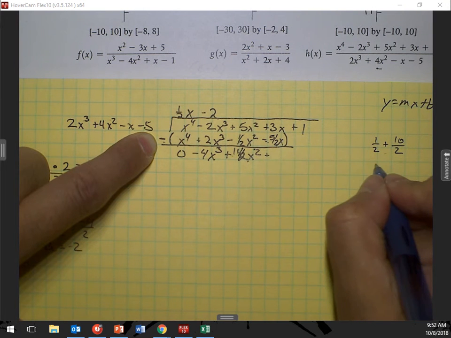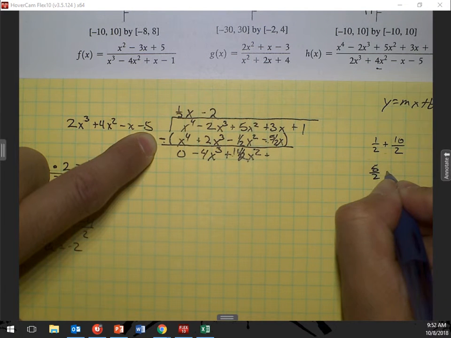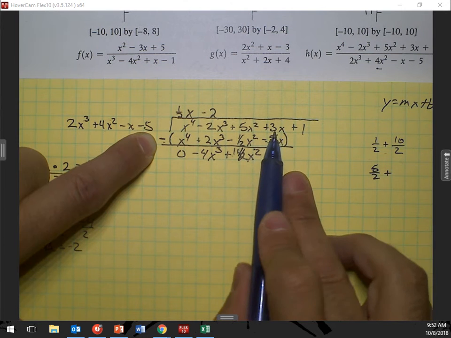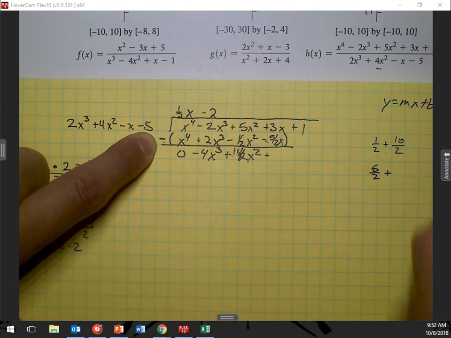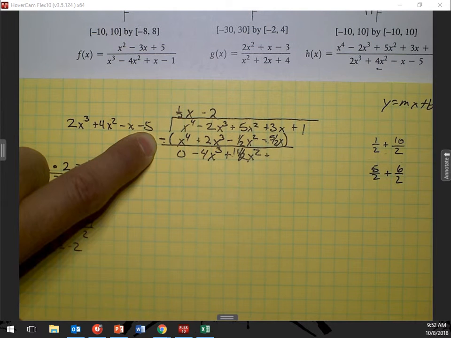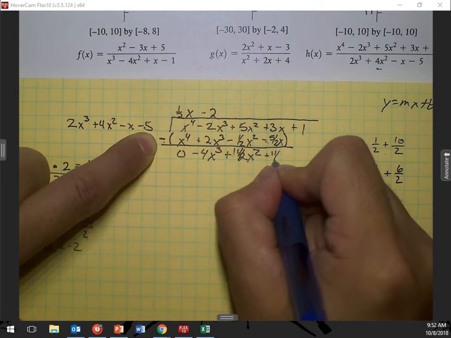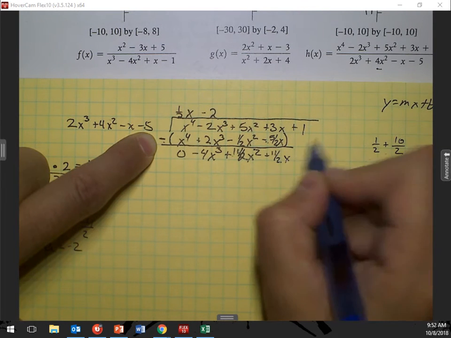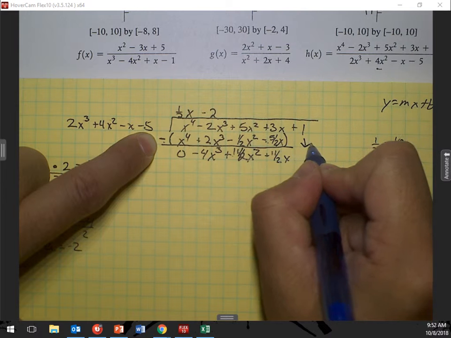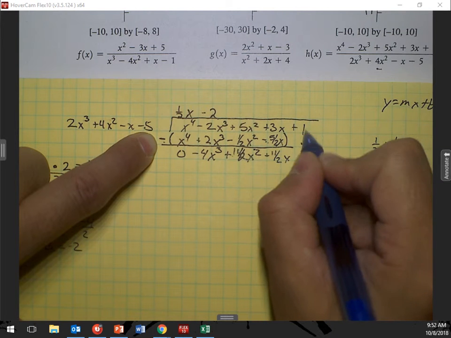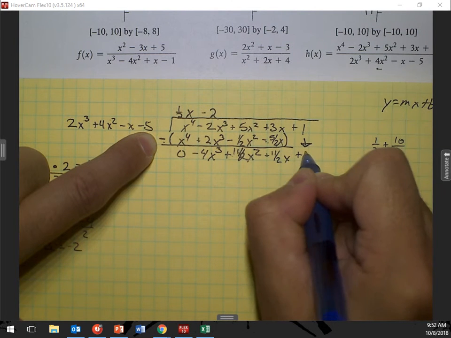So now I have 5 halves plus, now that 3 is going to turn into what? 6 halves. Very good, 6 halves. So I get how many halves? 11 halves again. And that's x. And now I bring down my last term right here, so it's going to be a plus 1.